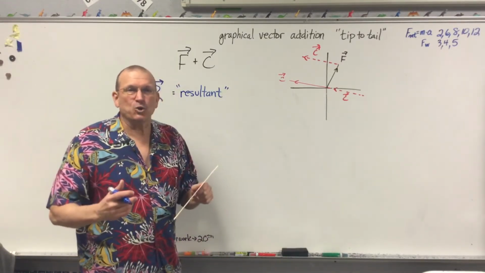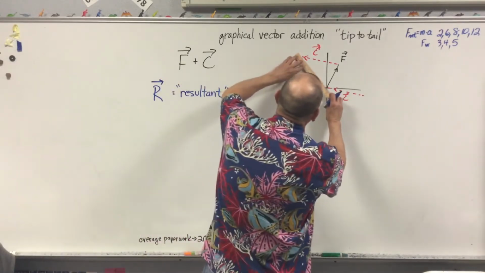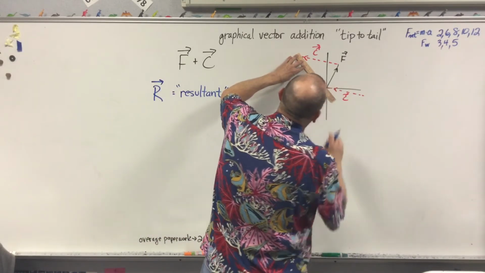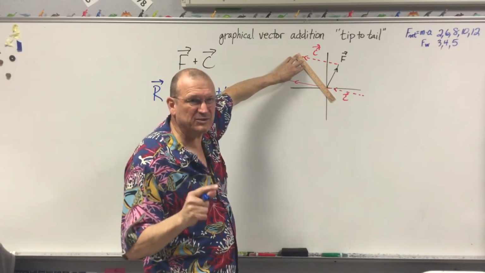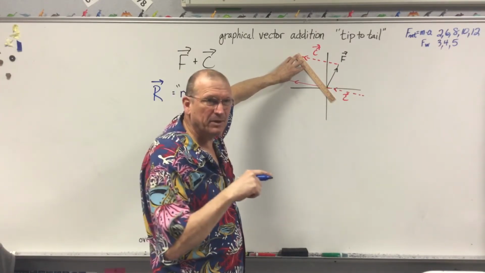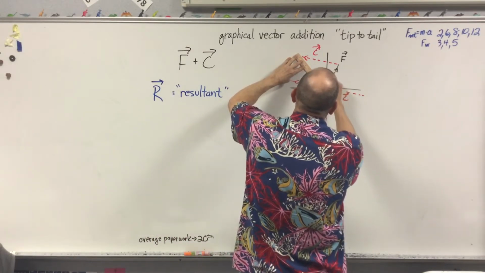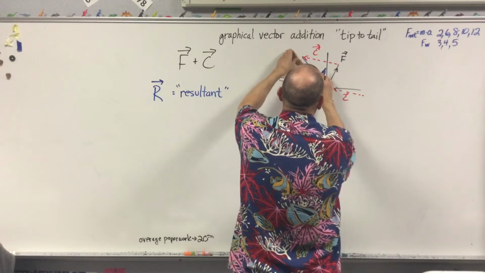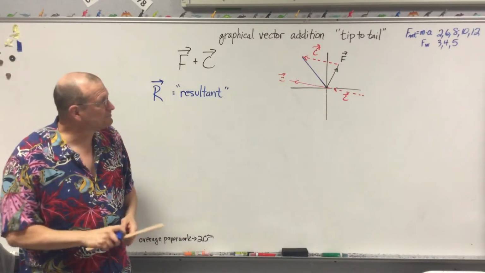To create your answer vector, you take a line and you connect the tail of your first vector to the tip of your last vector. So in this case, it would be that blue line.